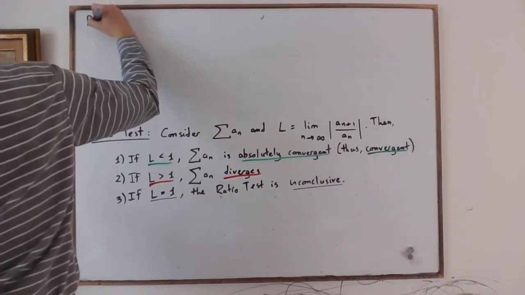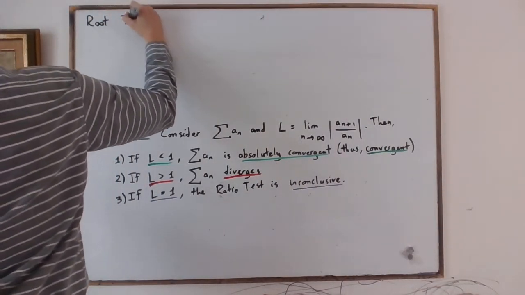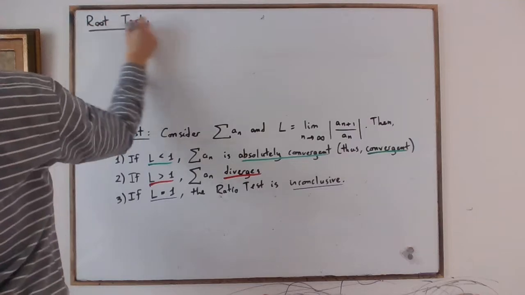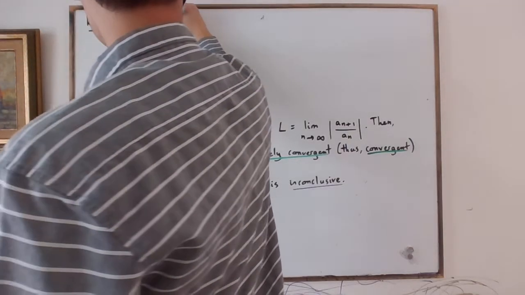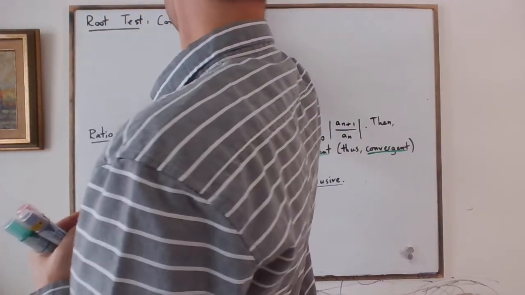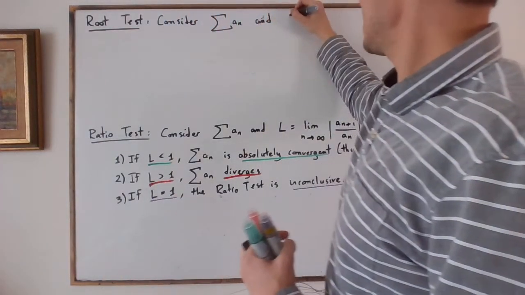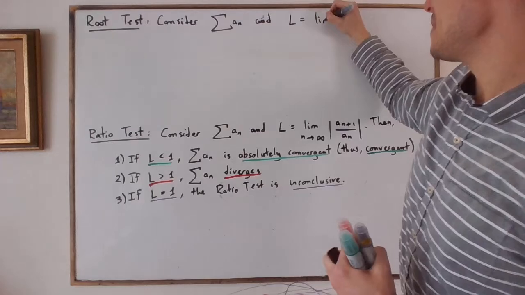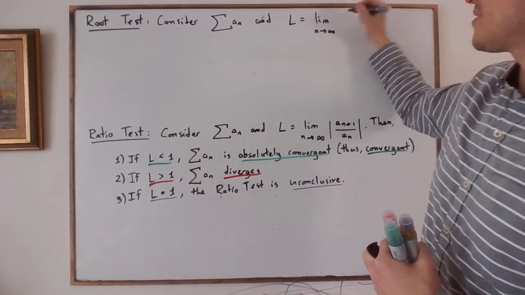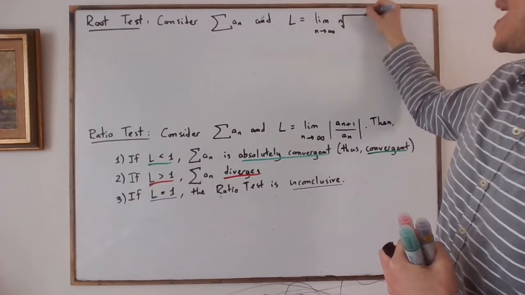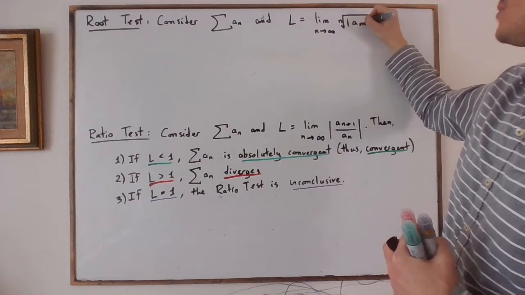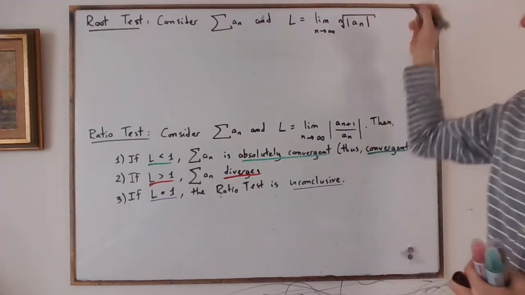Root test, okay? So you will see it's very, very similar. Consider the series a_n, and L is equal to the limit as n approaches infinity of the nth root of the absolute value of a_n.